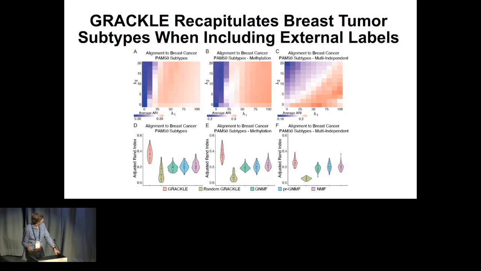And we saw that overall, in all these situations, we saw a similar pattern as before, that increasing sample regularization led to greater accuracy, and that GRACKLE outperformed other algorithms. And also, if we used a totally randomized set of samples, we performed worse.